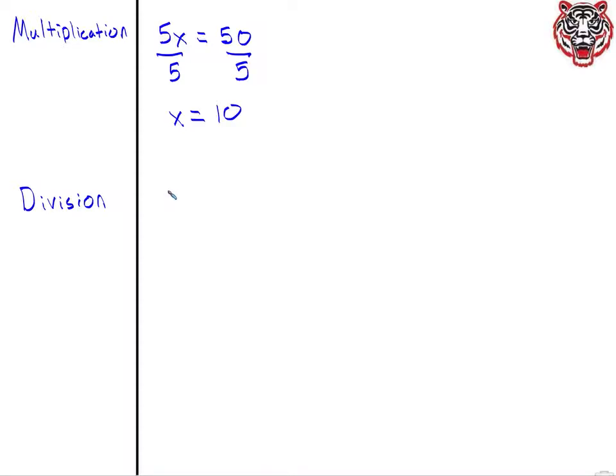All right, let's give us a slightly hard one. Let's say x divided by -3 is equal to 21. Once you think you have the answer, go ahead and raise your hand. I see 2 hands, 3 hands, 4 hands, 5 hands.